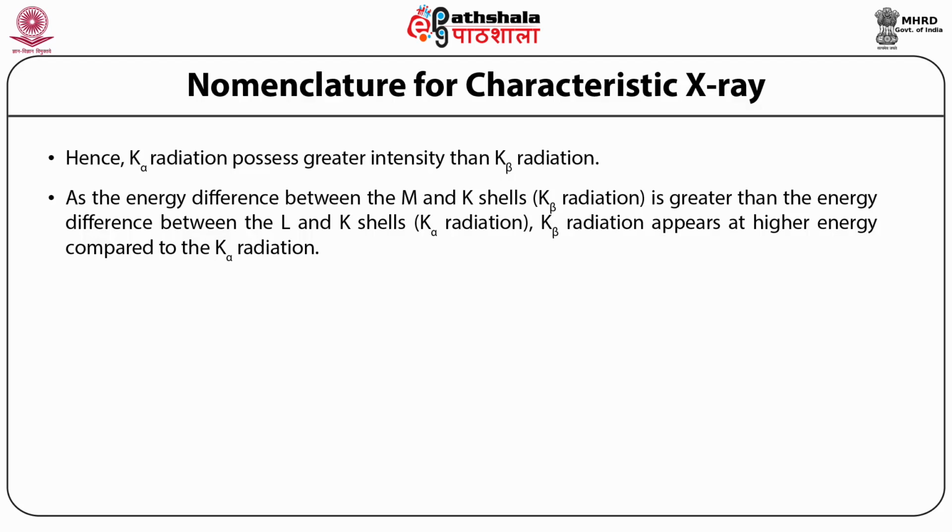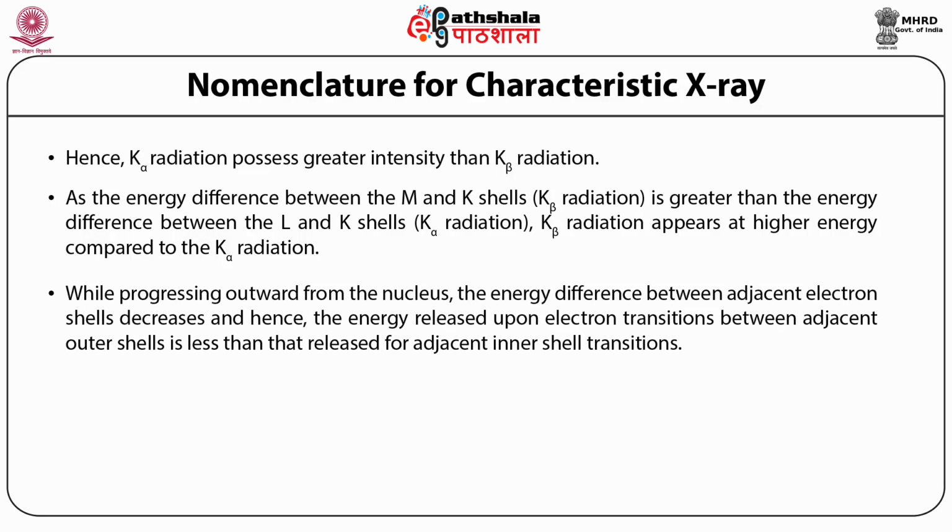K beta radiation appears at higher energy compared to the K alpha radiation. While progressing outward from the nucleus, the energy difference between the adjacent electron cells decreases, and hence the energy released upon electron transitions between adjacent outer cells is less than that released for adjacent inner cell transitions.